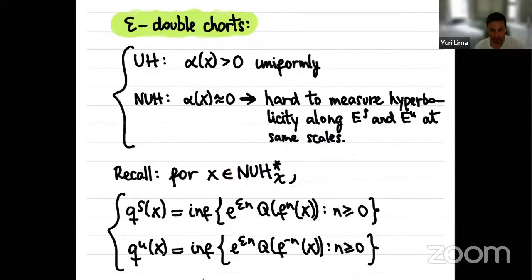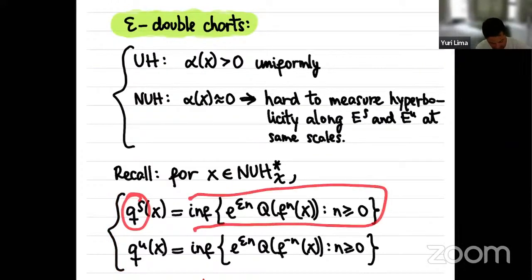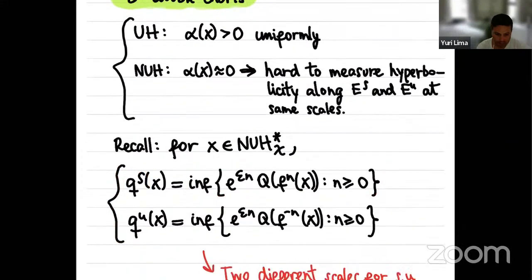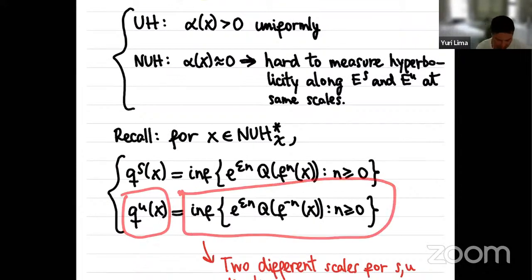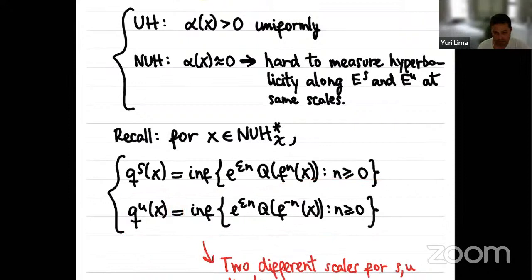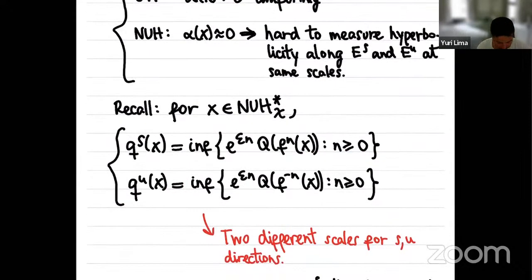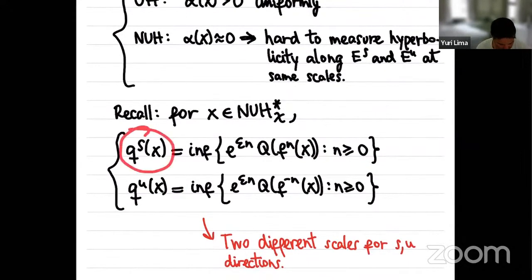And then we said, why don't we separate the definition of the small q into a small qs, which only considers the infimum for forward iterates, and the small qu, which only considers the infimum for negative iterates. And as I already told you, these introduce two different scales: the first one allows you to analyze the behavior along ES, and the second one along EU.